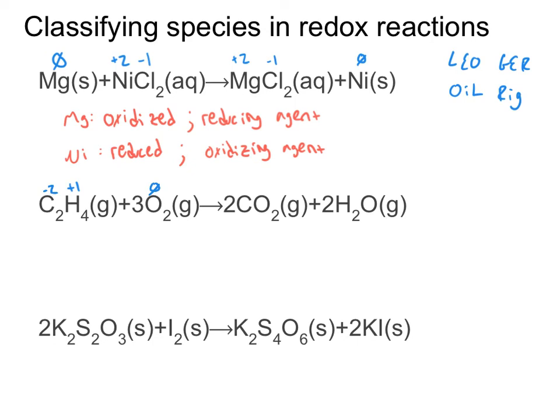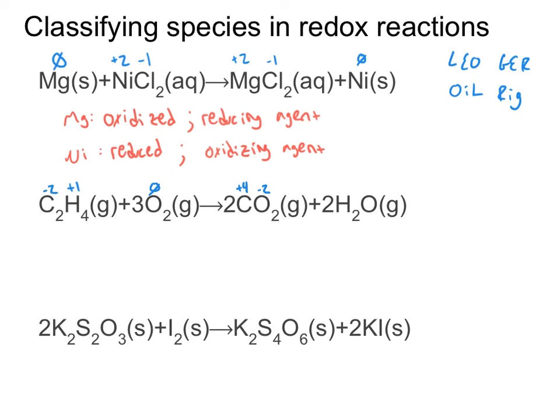Now in our product side, oxygen now will have an oxidation number of -2 since it is in another compound, giving a total oxidation number from oxygen of -4. Therefore, in this case, carbon must now have an oxidation number of +4.